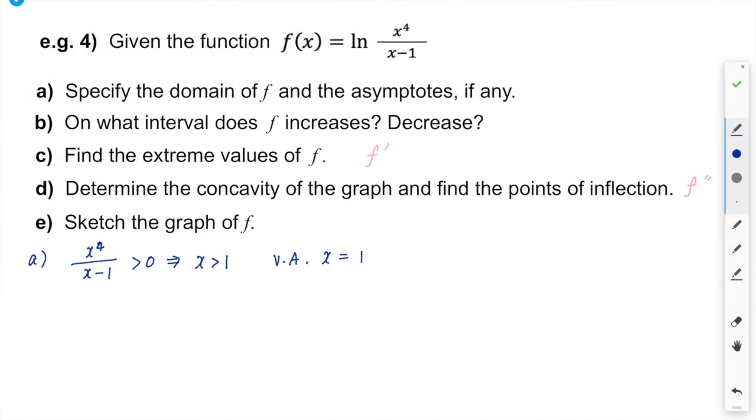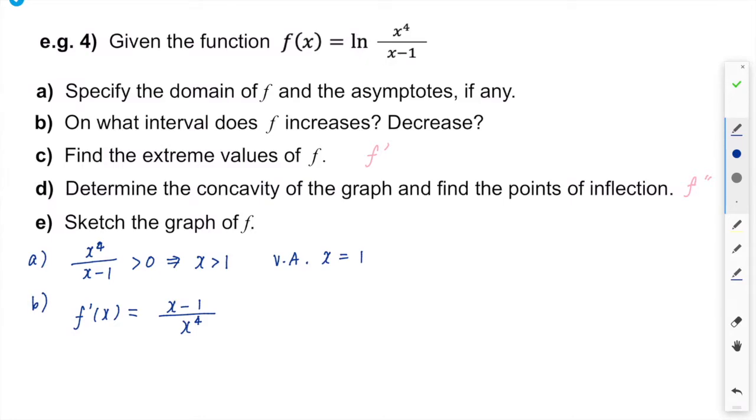Part B. On what interval does f increase or decrease? This is related to the gradient of the tangent. So now let's first find the derivative of f of x. F prime of x, we have ln of a function is 1 over the function. So 1 over the function is x minus 1 over x to the power of 4.